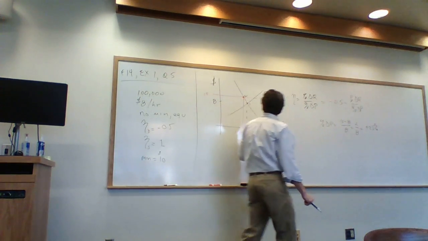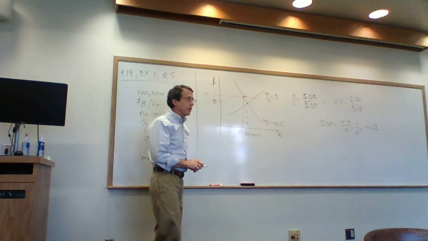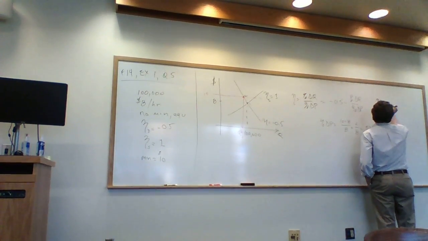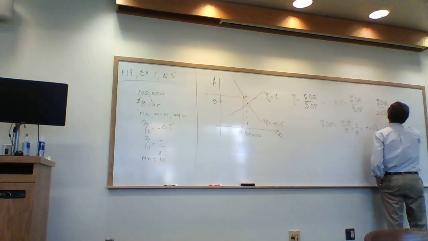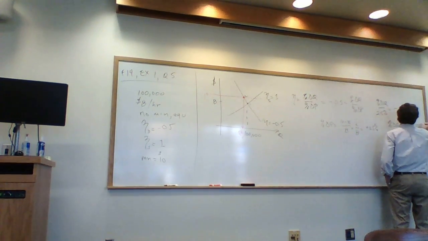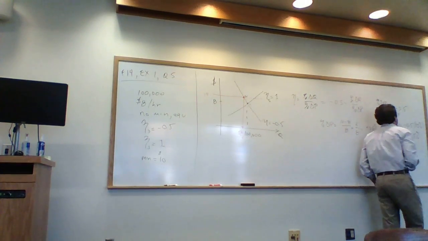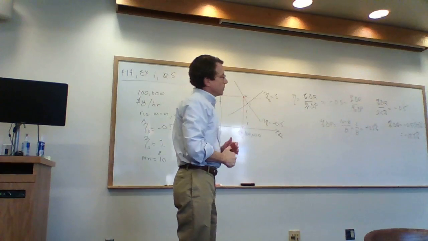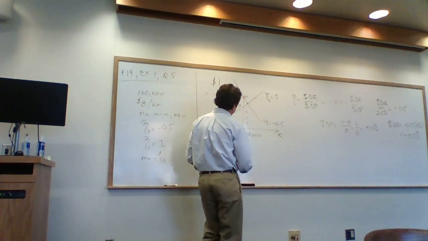But I can figure out the percentage change in price, because that was actually the purpose of the policy. So I could use the elasticity formula and the percentage change in price to work out the percentage change in quantity, and it's a 12.5% drop.